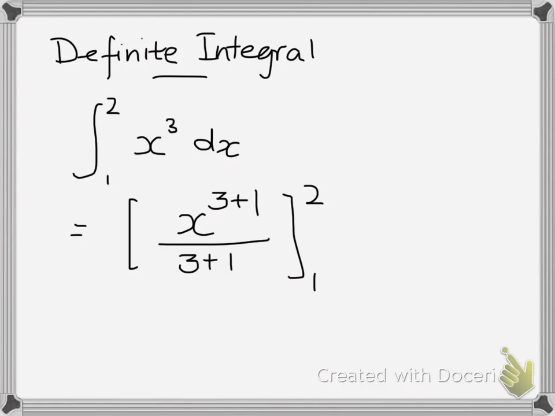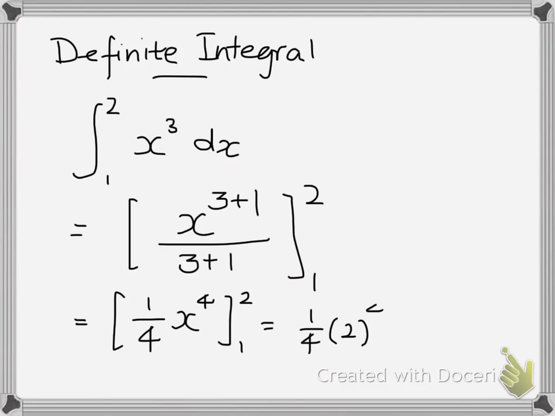Alright? So what are you doing right now? Now inside that square bracket is a quarter, right? 1 over 4 x to the power 4, with limits 1 to 2. So what does this equal? You're going to substitute x with the values 1 and 2. How do you substitute? You substitute when x equals 2, minus when x equals 1.